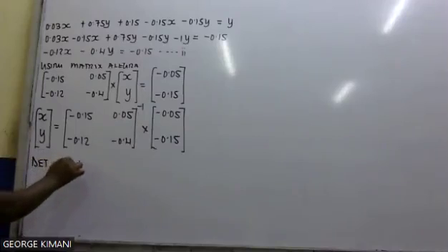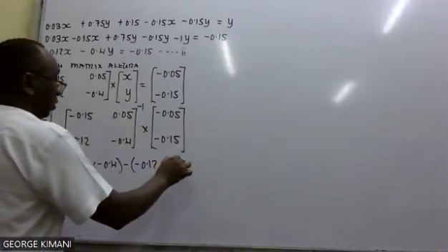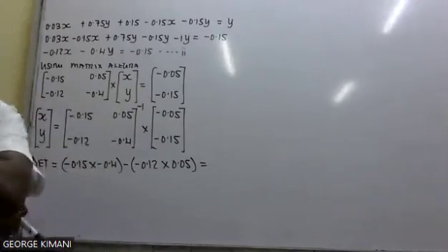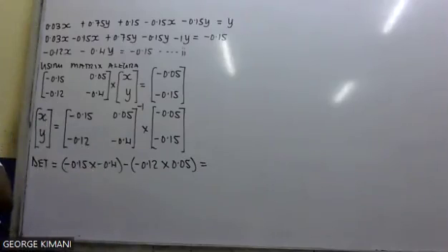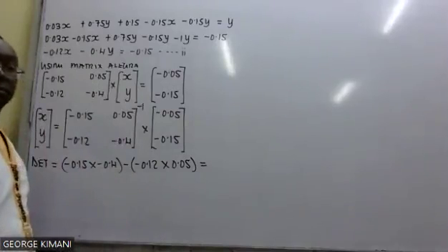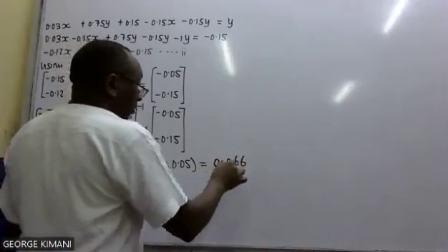The determinant to be minus 0.15 times minus 0.4, minus 0.12 times 0.05, which is 0.066.